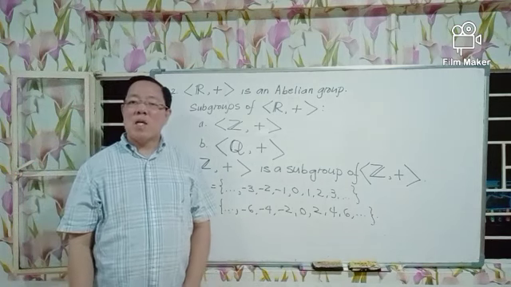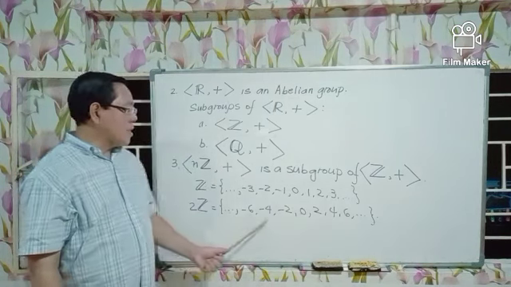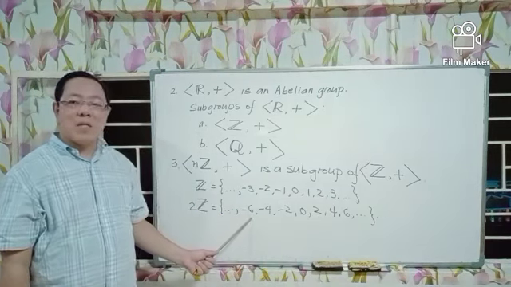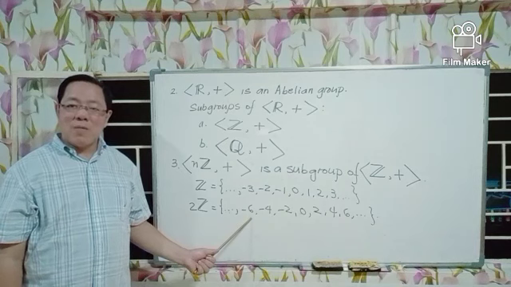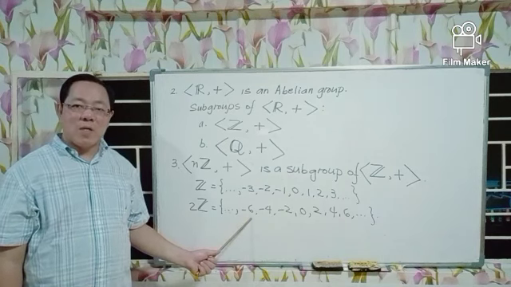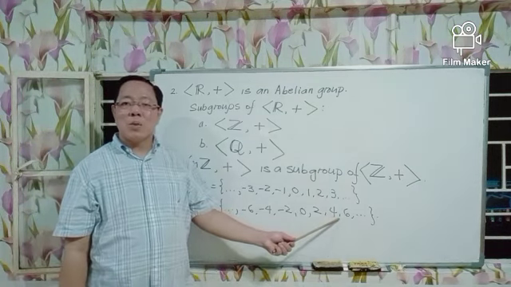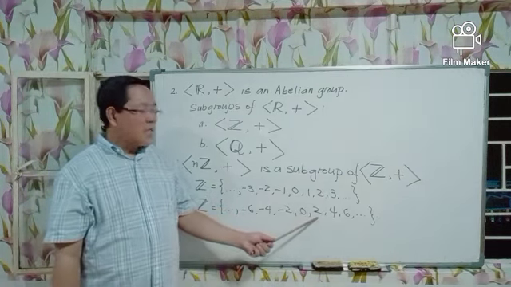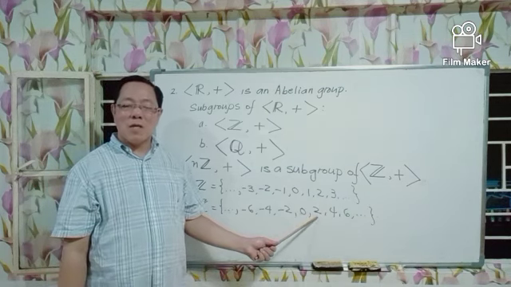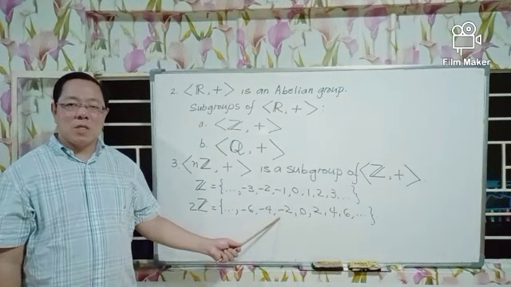And the third property of a subgroup: every element of 2Z has an inverse, and the inverse is also in 2Z. Example, negative 6. The inverse of negative 6 under addition, the additive inverse, is positive 6, and positive 6 is also in 2Z. If we take 2, the additive inverse of 2 is negative 2, and negative 2 is also contained in 2Z.